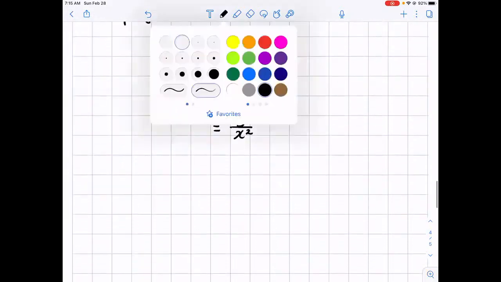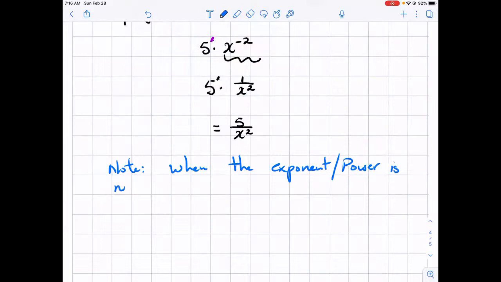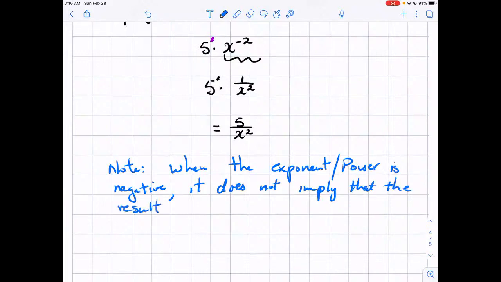So note, when the power or exponent is negative, it does not imply that the answer or the result will be negative.